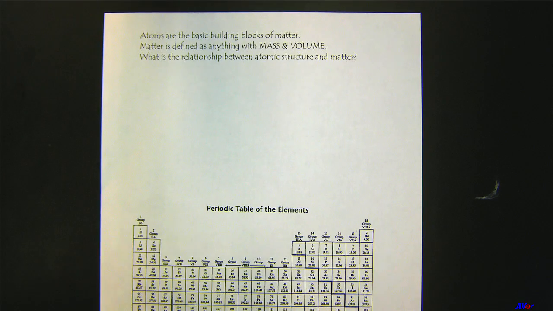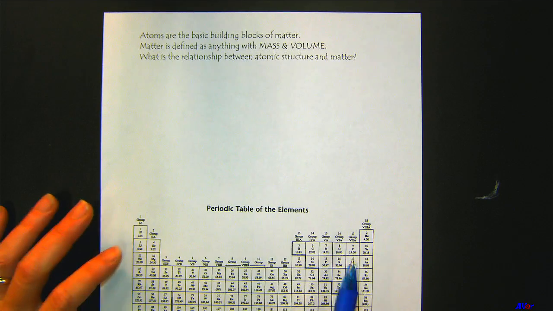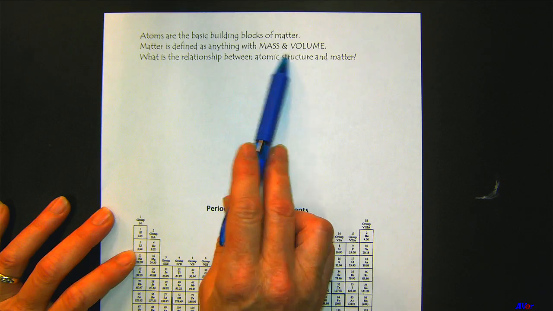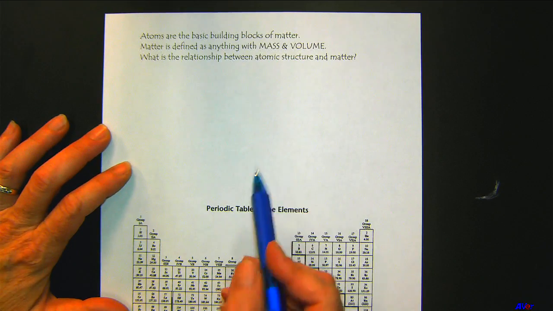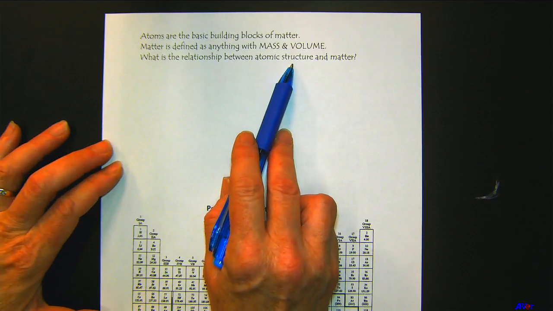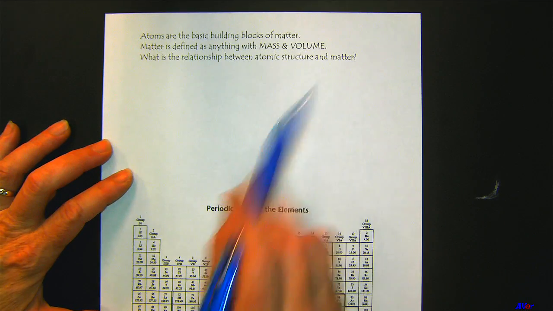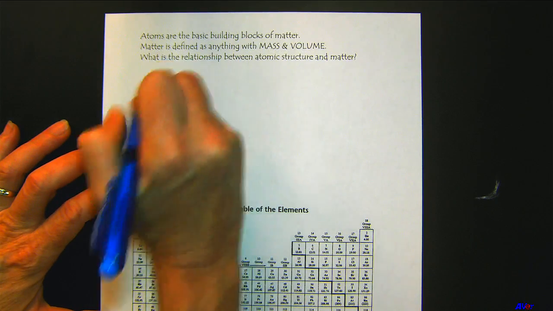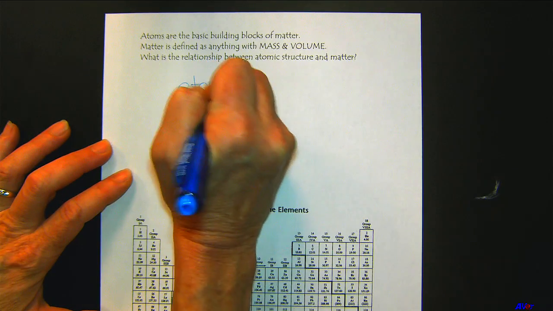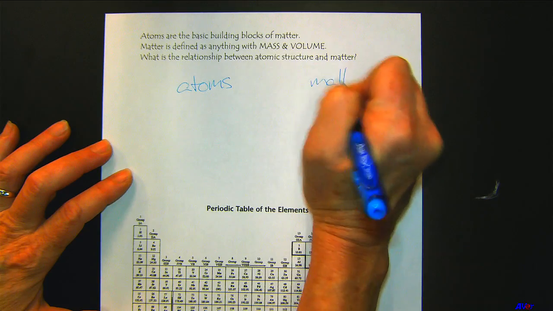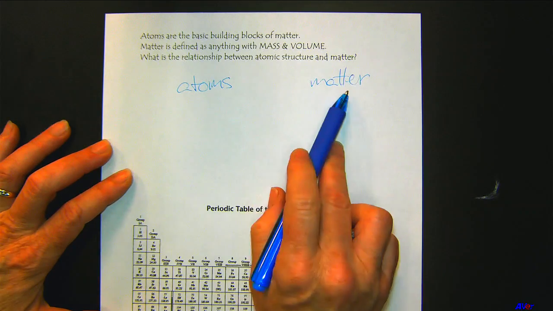Atoms are the building blocks of matter, and matter is defined as anything with mass and volume. So what's the relationship between atomic structure and matter? Atoms build matter.